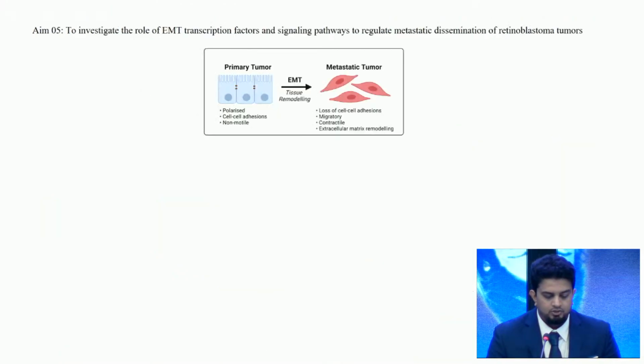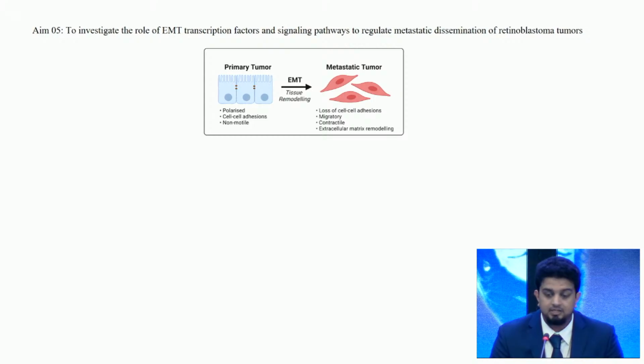Chapters 1, 2, and 3 are interconnected, and they help us understand the altered metabolic phenotype of retinoblastoma tumors and how the novel energy sensing signaling circuit can be used to target the retinoblastoma tumors. In chapter 5, we further look into the advanced stages of retinoblastoma tumors, targeting the epithelial to mesenchymal transitional program using microRNA.